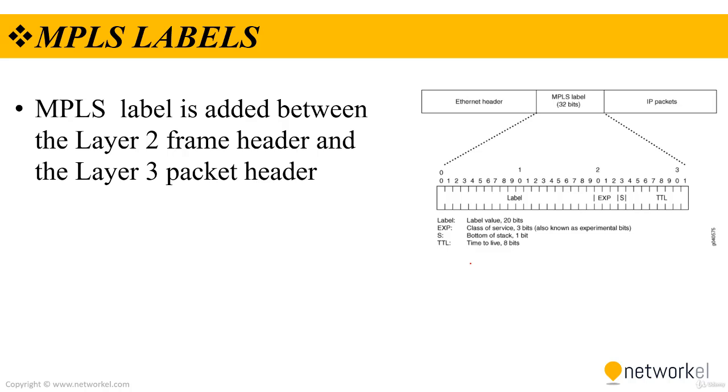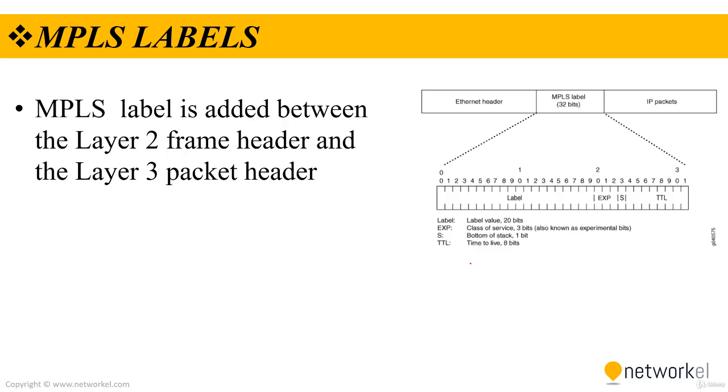For MPLS to work, a label needs to be added to the packet, as I explained to you previously. The label is added between the layer 2 frame header and the layer 3 packet header. The label is 4 bytes, which is 32 bits in size, and contains 4 different fields. You can see the fields on the screen, and the first 20 bits, label, define the label number. The next 3 bits, EXP, are used for quality of service.